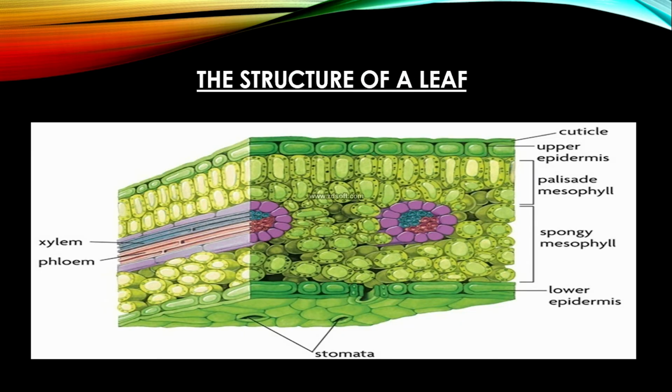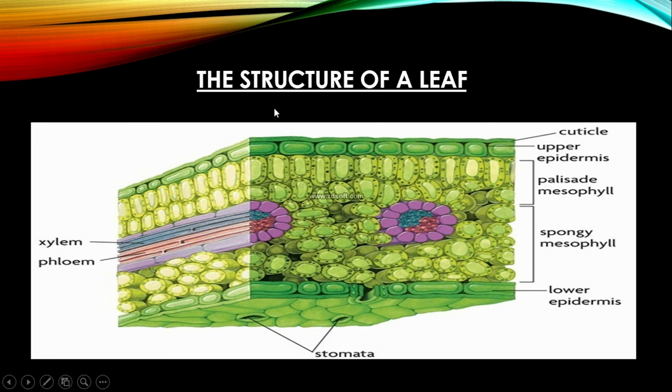So here we have the structure of a leaf, and we will take a look at each part of the leaf we are seeing in this picture. This here on top is a cuticle, which is for preventing loss of water through evaporation from the leaf. That's the purpose of this cuticle.